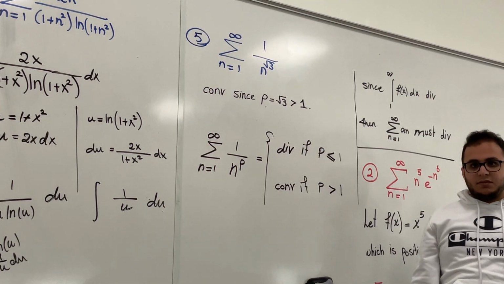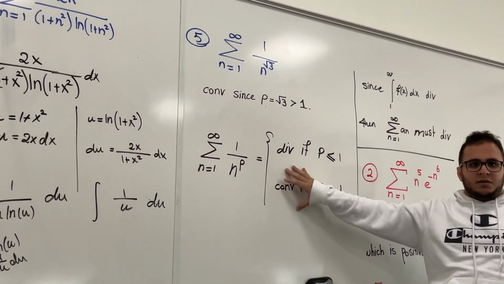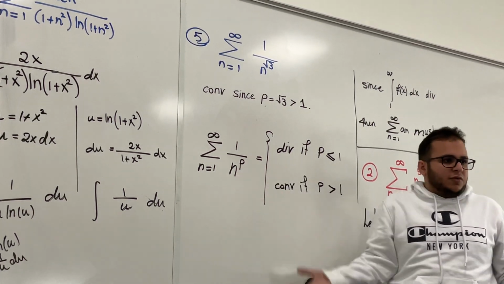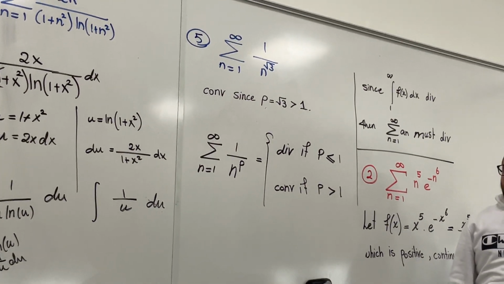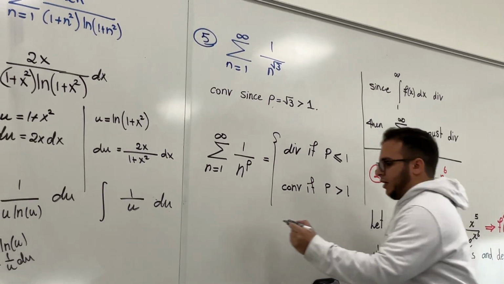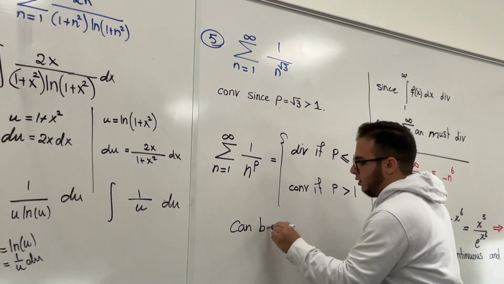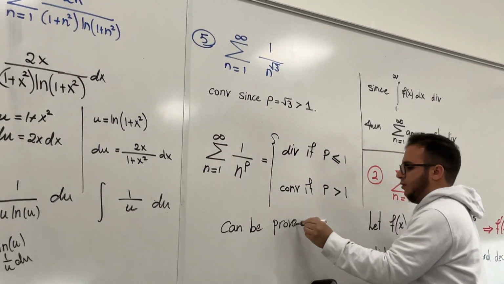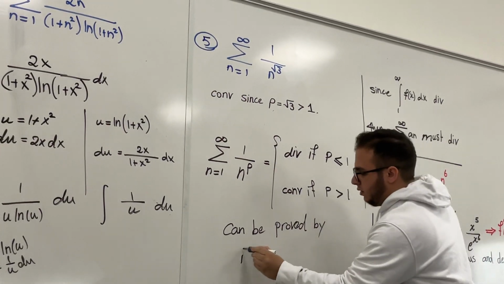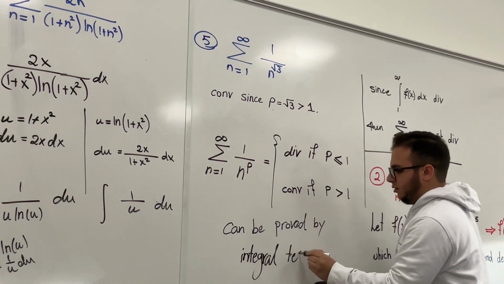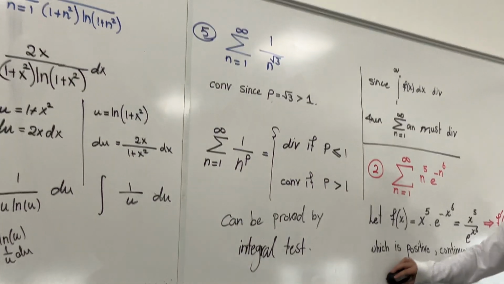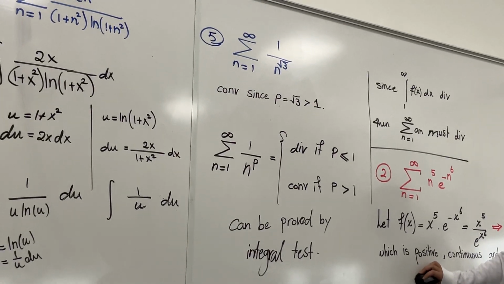So this is how they proved this, by simply taking the integration of 1 over x to the power p, whatever p is. So this can be proved by the integral test. It's not just someone came and said these rules and typed them in.